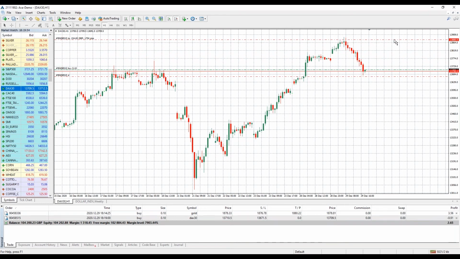Or maybe I say, you know what? Let's go down to the bottom of this gap. Old gaps tend to act as support and resistance. So now that it broke below the bottom of this gap here, that becomes resistance as this comes back up. So if you're scalping, a shorter term move, your first resistance is right here.